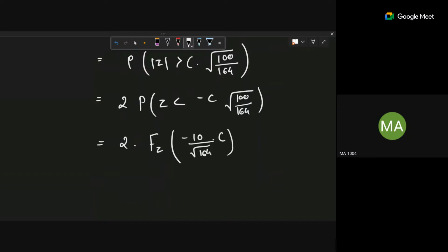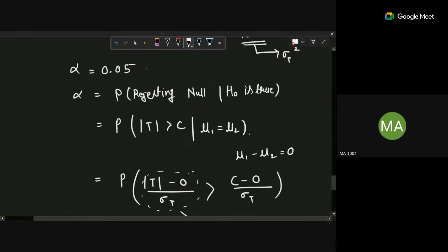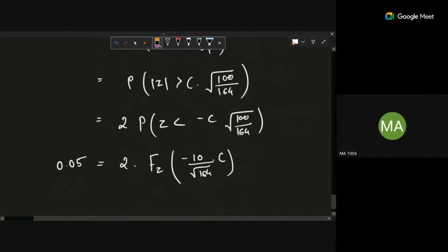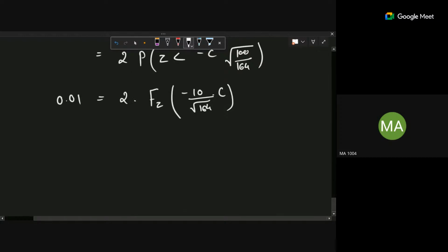And here we have 0.05. There was one value given to us, that was Fz of 0.005. Oh, it seems alpha was given as 0.01, right? They have asked the question for significance level at 0.01. Okay, so now taking the inverse, what will we get? Fz inverse value is given to us.